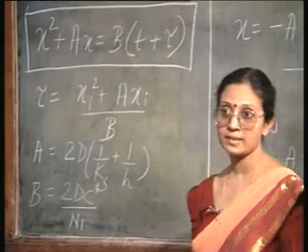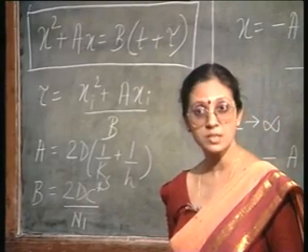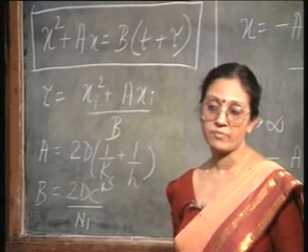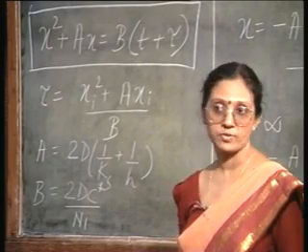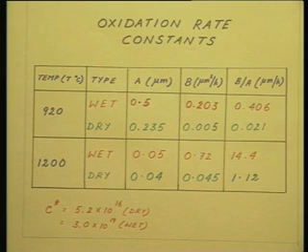So, you would expect that B for wet oxidation should actually be smaller, but this difference is more than offset if I look at C star, that is the equilibrium concentration of the oxidant species in the oxide. In case of dry oxidation, the equilibrium concentration of the oxidizing species is given as 5.2 into 10 power 16, whereas for wet oxidation this value is 3 into 10 power 19.